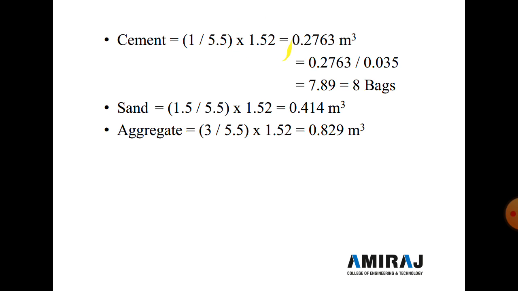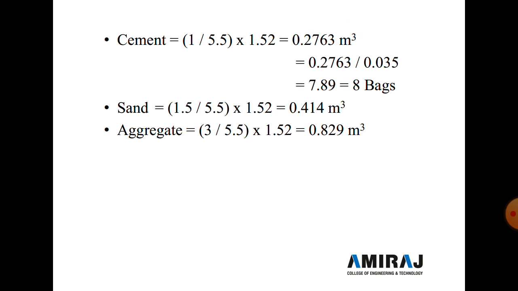We calculated for 1 meter cube of wet concrete and 52% added extra as dry volume. So multiply by 1.52. After division and multiplication we got the answer 0.2763 meter cube. This is the cement quantity in volume, but cement quantity is always found in number of bags.